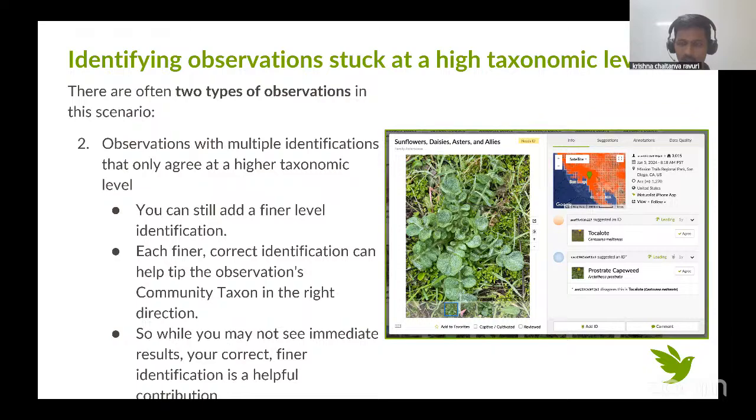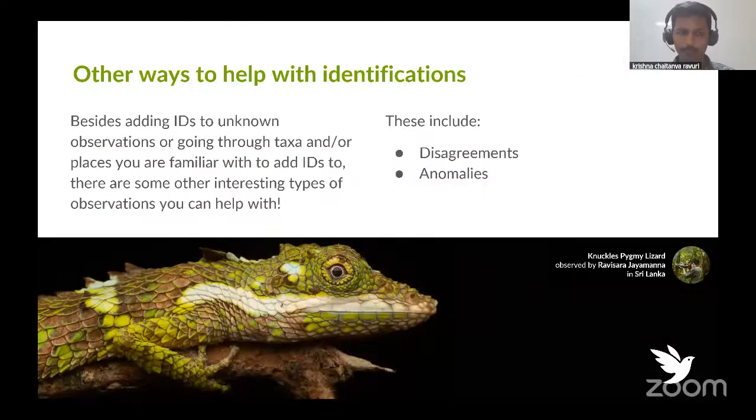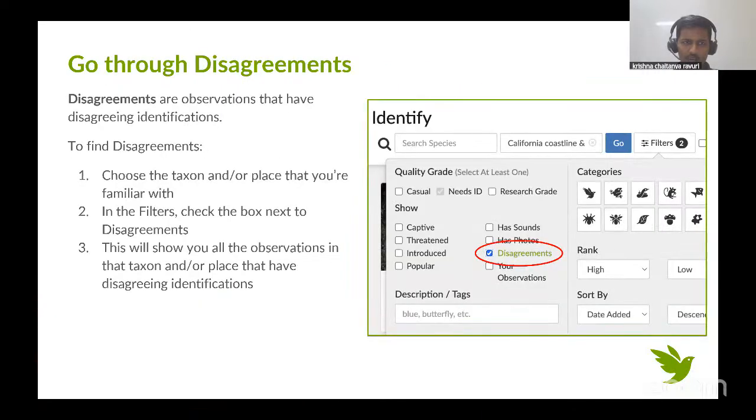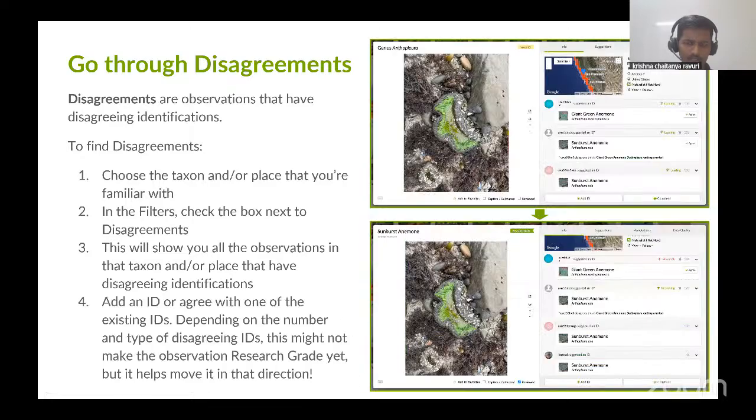Usually you can ask questions, and they would reply about what exactly made it the other one. There is also a way to filter specifically for disagreements, and you could help there if you are sure.